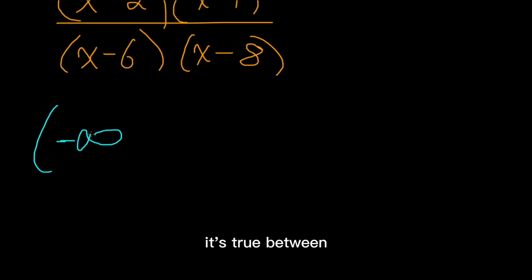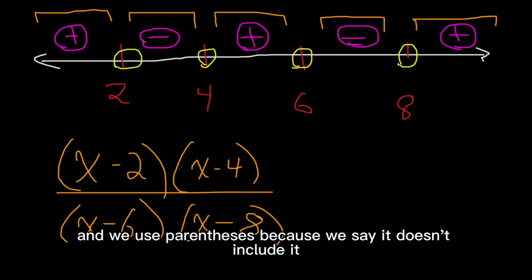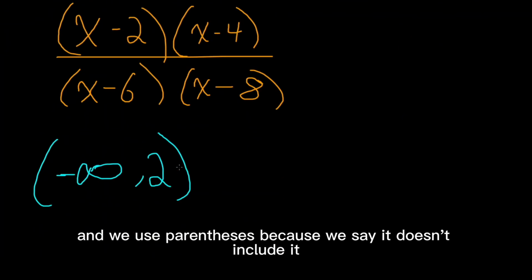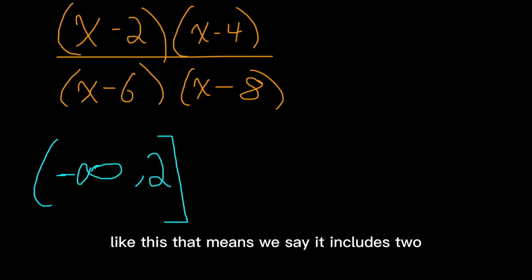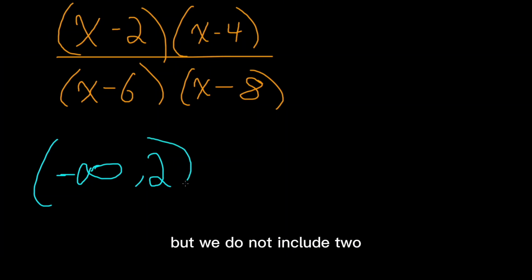it's true between negative infinity to 2, and we use parentheses because we say it doesn't include it. If we were to use brackets like this, that means we say it includes 2, but we do not include 2. And then we union it. It's the union.